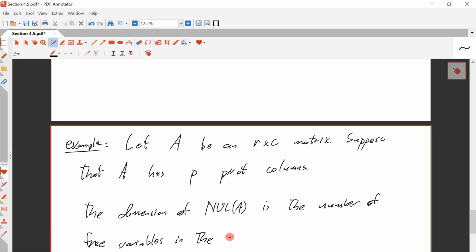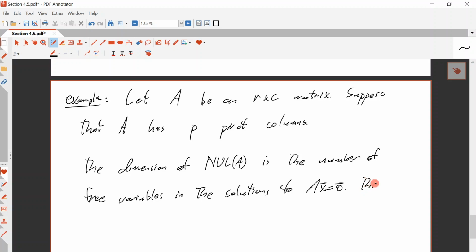And the solutions to Ax equal to 0: this is the number of non-pivot columns. The free variables correspond to the non-pivot columns.